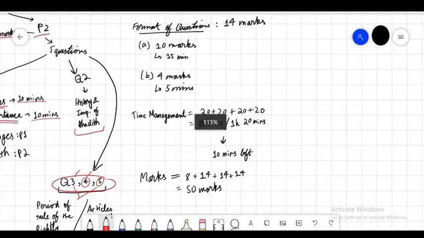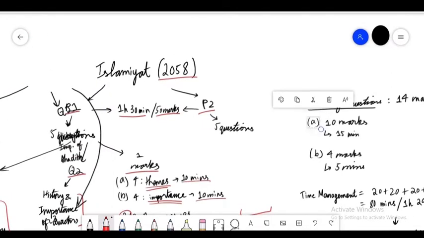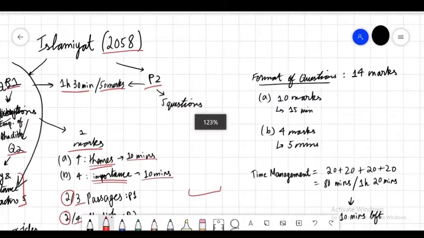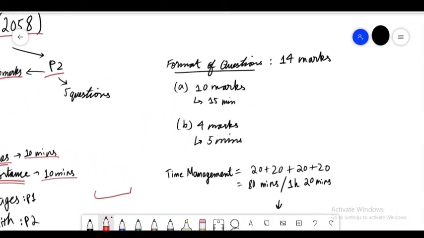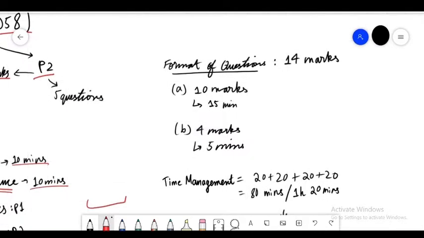Now talking about the format of the questions. Other than question number 1, which I've explained already, the rest of the questions, question 2, 3, 4, and 5, all will have this format. Each question is of 14 marks, divided into 2 parts, part A and part B. Part A will be of 10 marks, and this is usually an essay length answer.